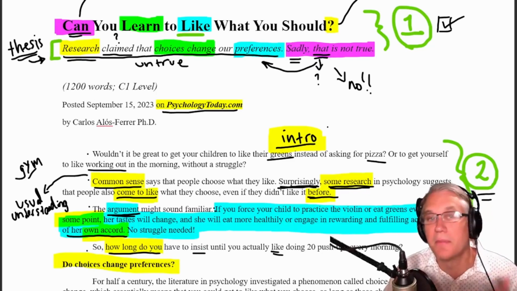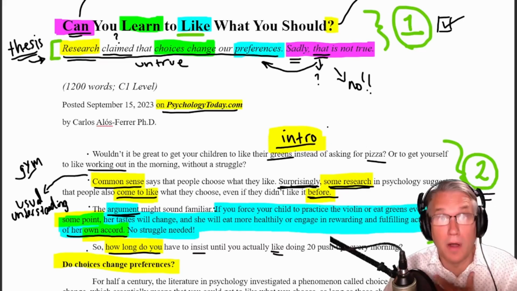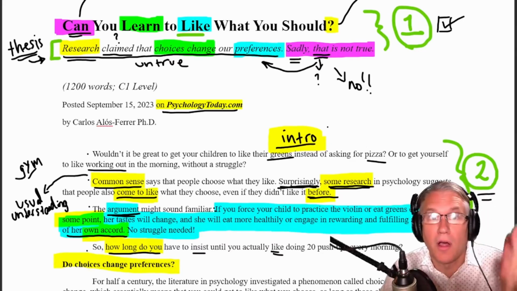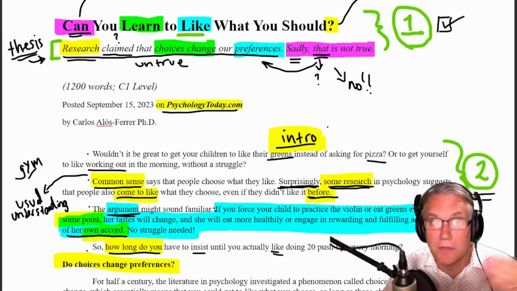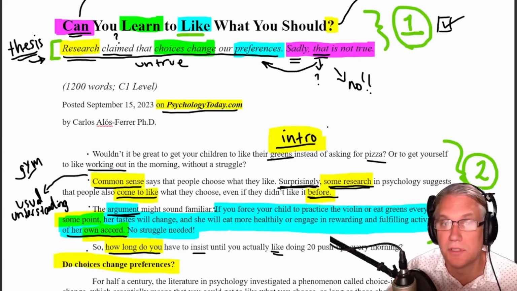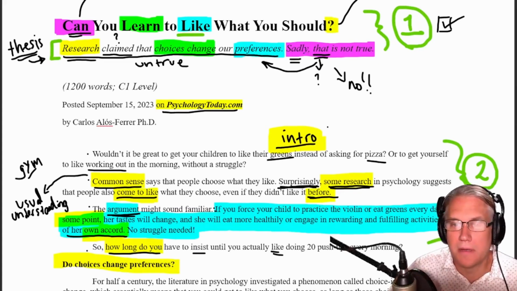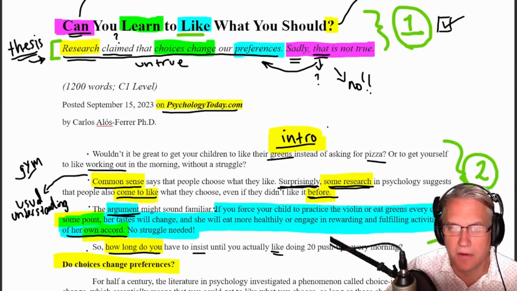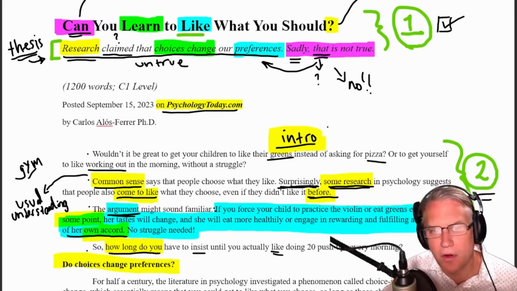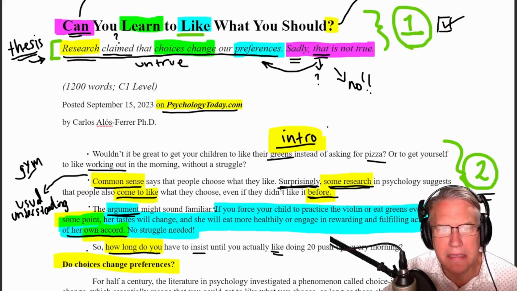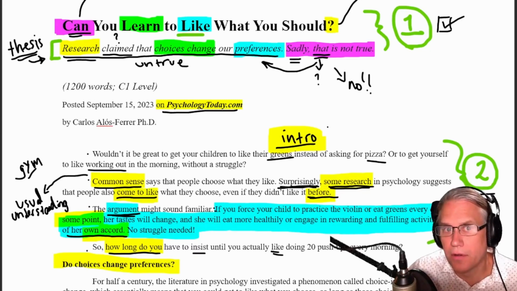For example, if I tell you that I disagree with my brother's choice of the car that he bought, I don't like the kind of car, I don't think it was a good purchase, you need to know what kind of car it was, or my disagreeing with it isn't going to be very informative or useful. So what I think the article is doing here is beginning with the idea that later it will disagree with.